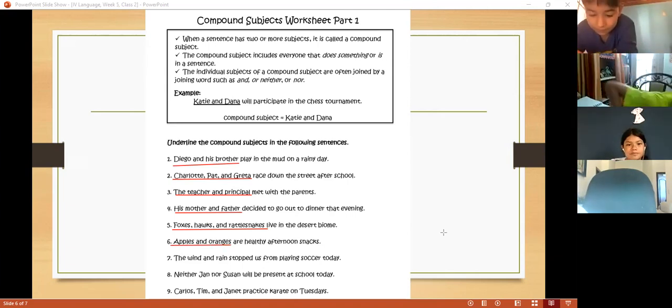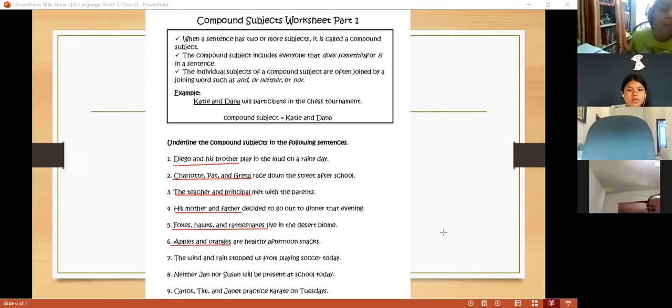Kiara, number 7. The wind and rain stopped us from playing soccer today. Wind and rain are the subject. Excellent. Good job, Kiara. You identified the compound subject, the simple subjects that you have.